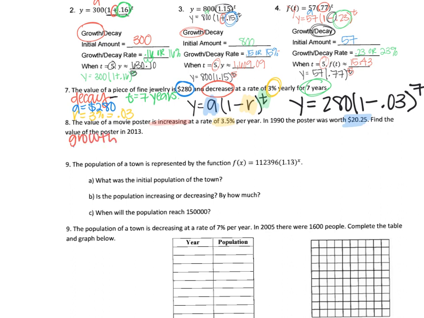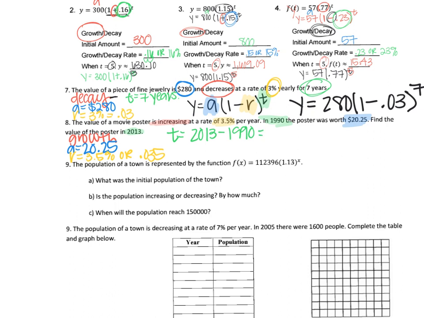I know that A is $20.25. I know the rate is 3.5%. If I move it over, I get 0.035. The time, it wants to know from 1990 to 2013. So to get time, I've got to do 2013 minus 1990.